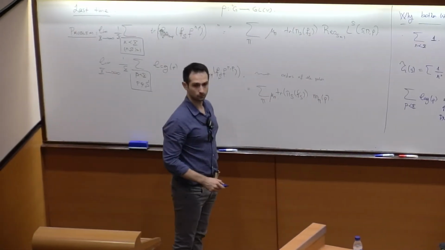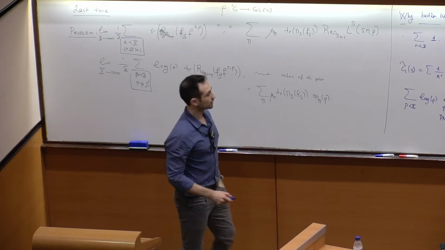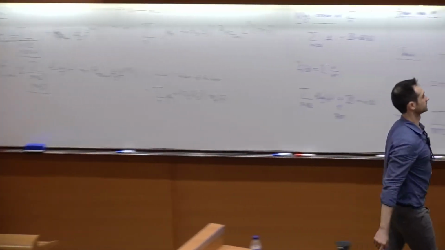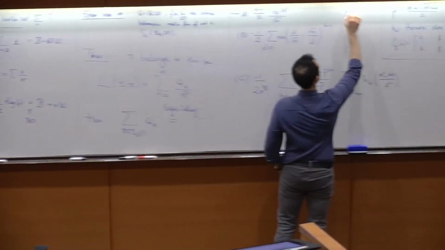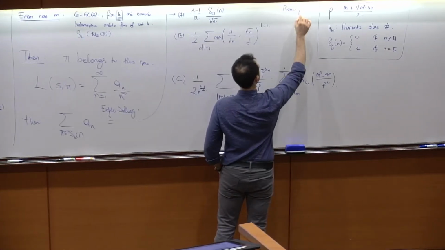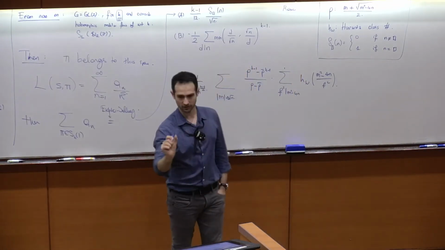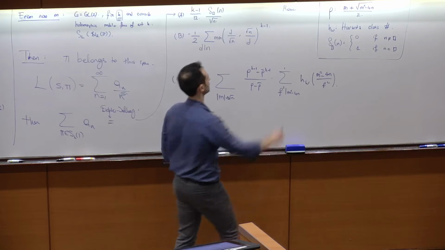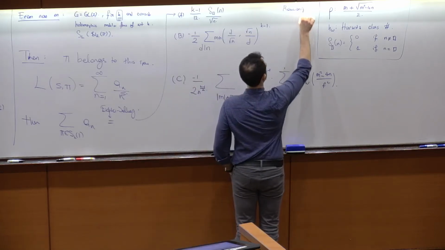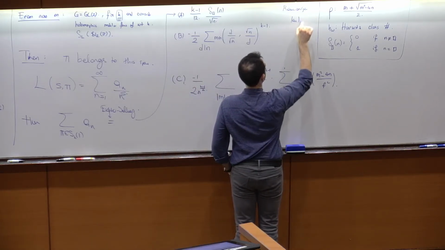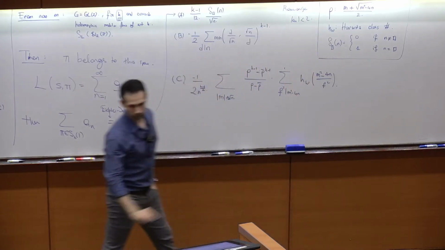What's that? Question? It's not really odd. It's actually normalized so that the Ramanujan conjecture reads as 2. Yeah, so Ramanujan says a_n is 2.